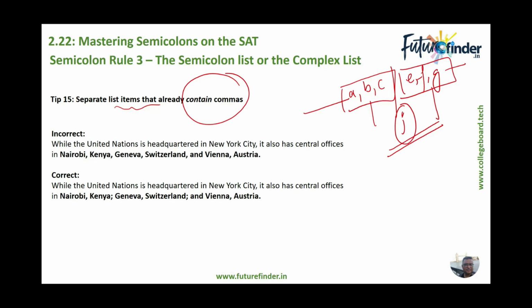So let us look at this. While the United Nations is headquartered in New York City, it also has central offices in Nairobi, Kenya, Geneva, Switzerland, and Vienna, Austria. Now, as you can understand, we are trying to make this a group. Nairobi is in Kenya, Geneva is in Switzerland, and Vienna is in Austria.